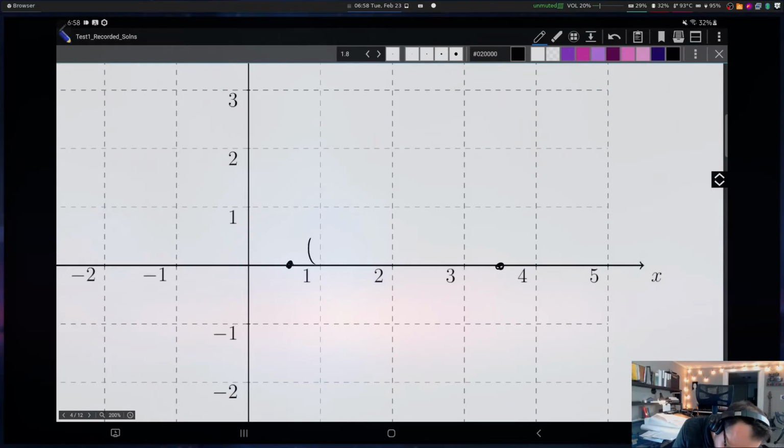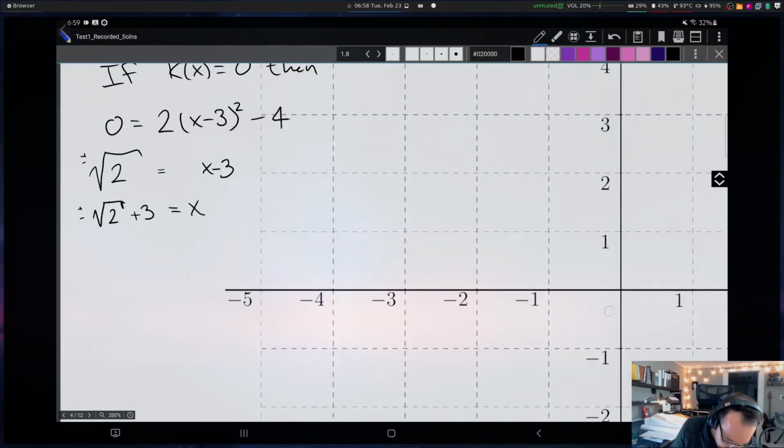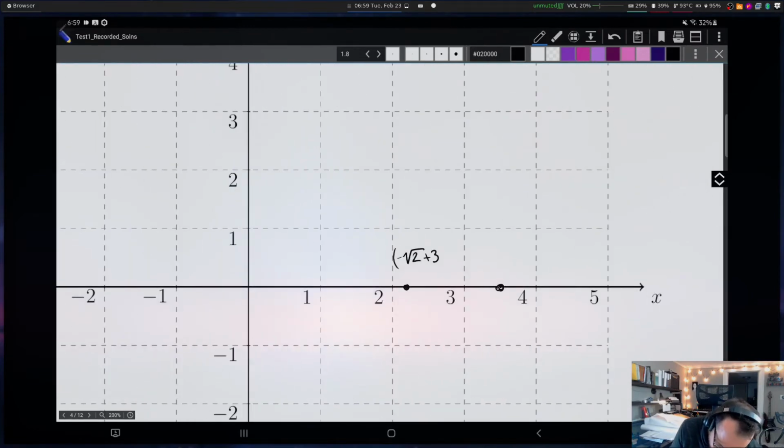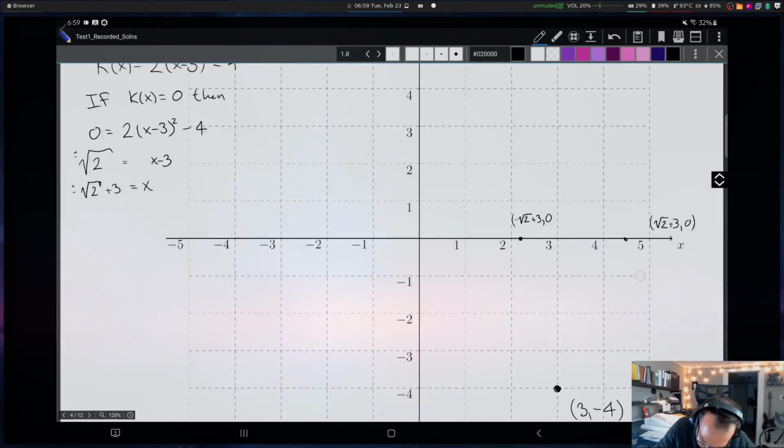As long as I'm telling the reader that this is at negative root 2 plus 3, which I think is positive, it's probably a little bit bigger than 2 maybe. You can plug this into your calculator if you'd like. So this is negative root 2 plus 3. And then there was positive root 2 plus 3, which I think is a little bit bigger than 4. So there are my two intercepts.